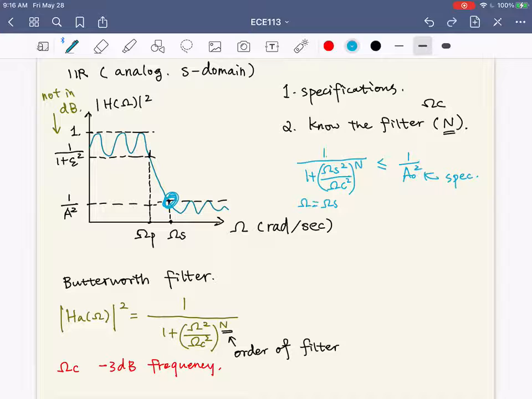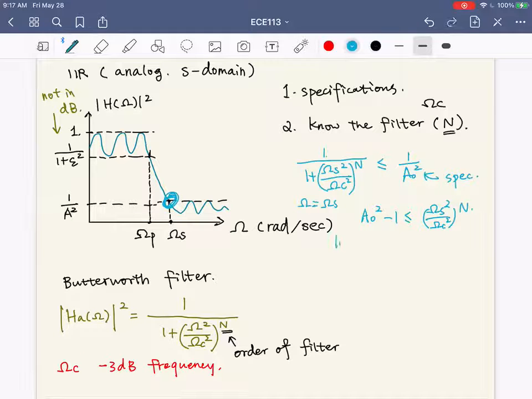Cool, so let's continue. If we reorganize the inequality a little bit to simplify it, we'll get a naught square smaller than or equal to 1 plus this stuff. Then continue to simplify it, and we want to extract the n. So let's take the log on both sides.